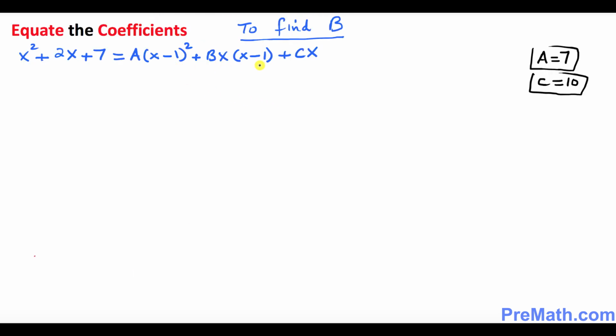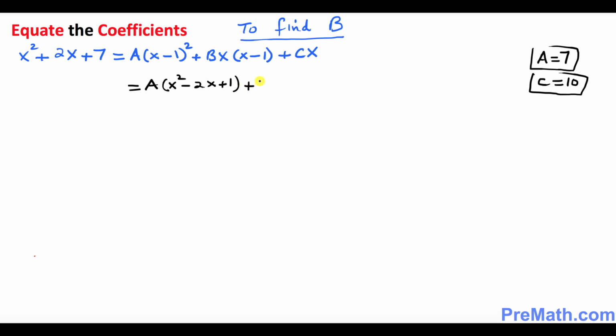In this step, we need to find the value of B. We're going to use a method called equating the coefficients, or simply comparing the coefficients. Let me show you. A times (x minus 1) squared is always x squared minus 2x plus 1. And here I want you to distribute.